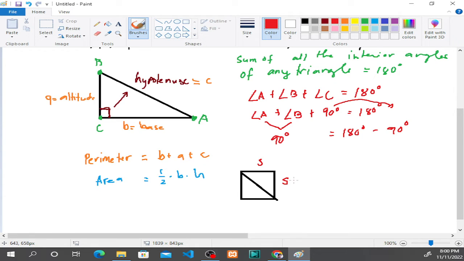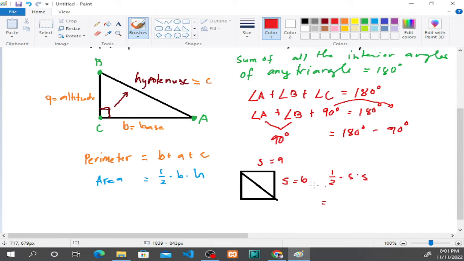So we write the 1/2 here, times side times side.